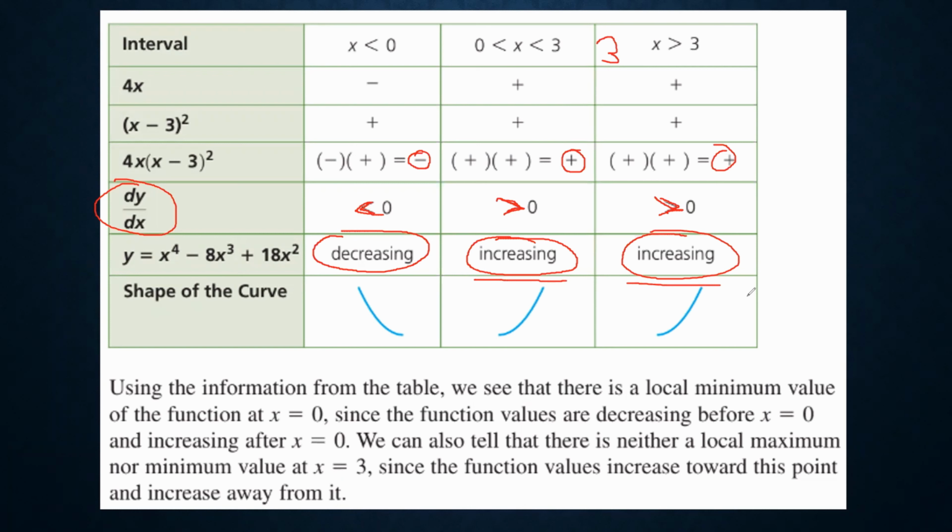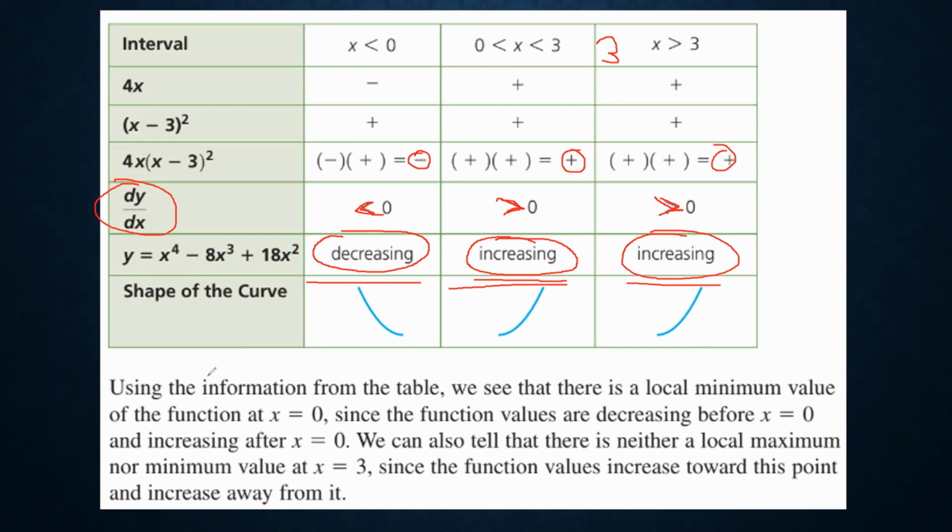Make sense, guys? On the other hand, when x is less than 0, my function is decreasing, and when x is greater than 0, my function is increasing. So I'm going to have a local minimum at this point: decreasing, increasing, minimum; increasing, decreasing, maximum.